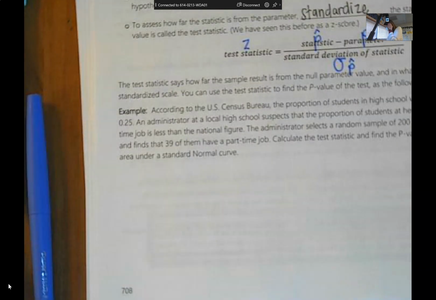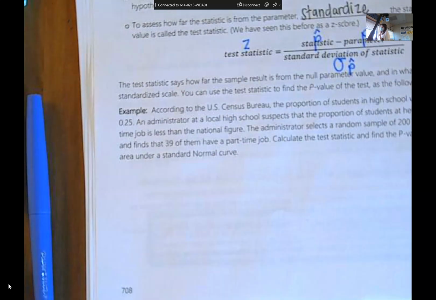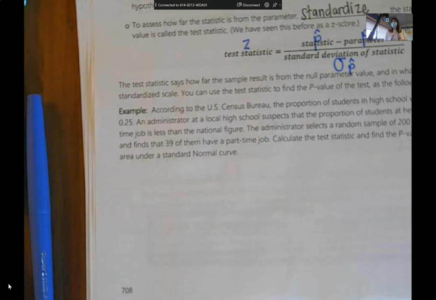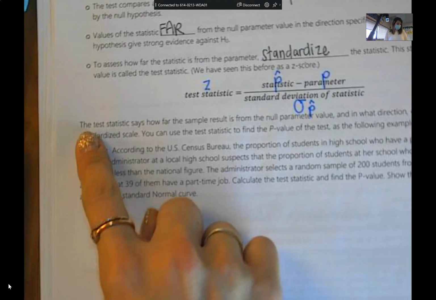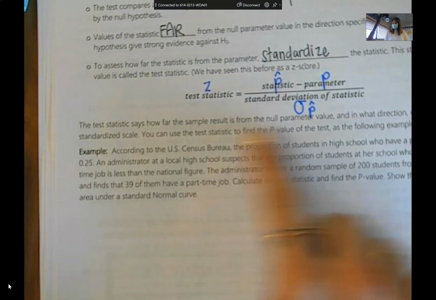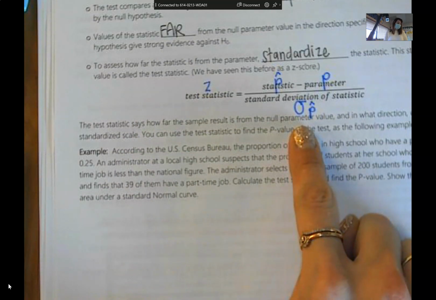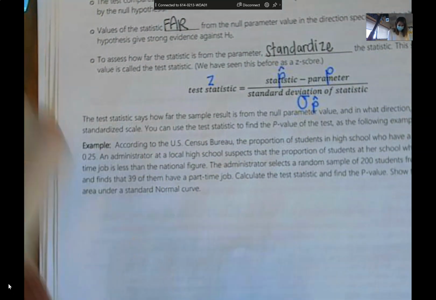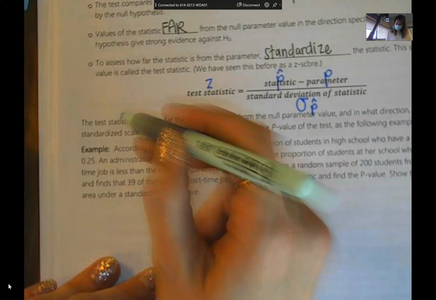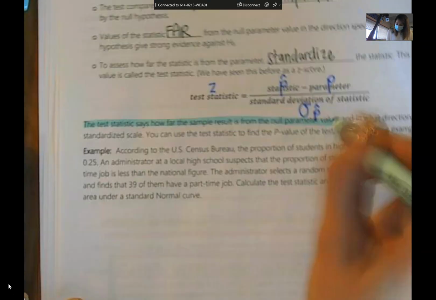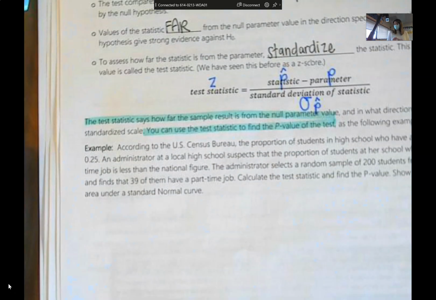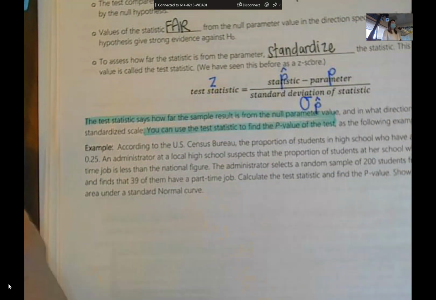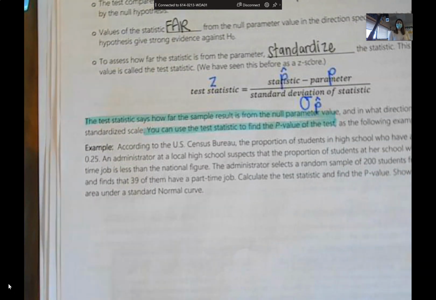Okay, so we're going to figure out how far our sample data is from the true value. So the test statistic says how far the sample result is from the null parameter. You can use this test statistic to find the p-value. So we're going to standardize it to say how far away from the true value it is, and then we're going to find the p-value based off of that.